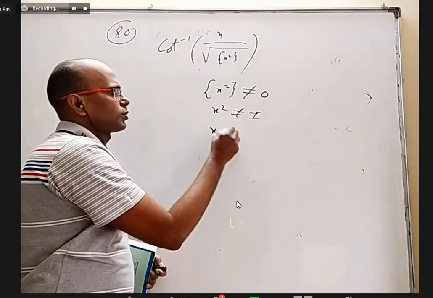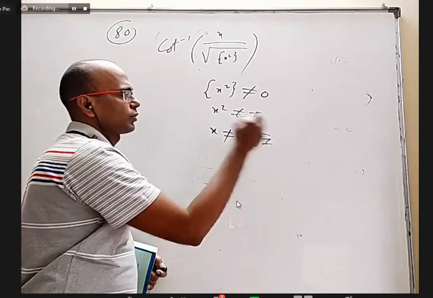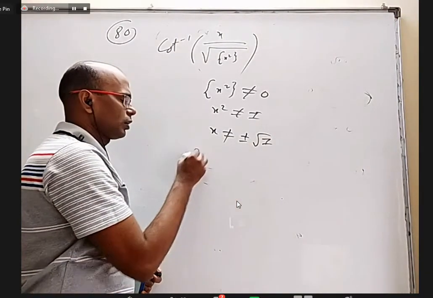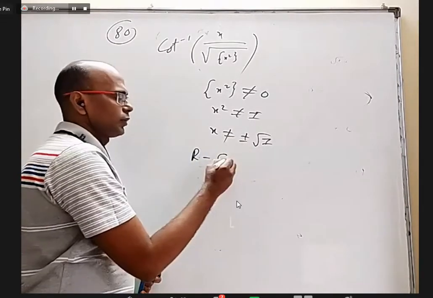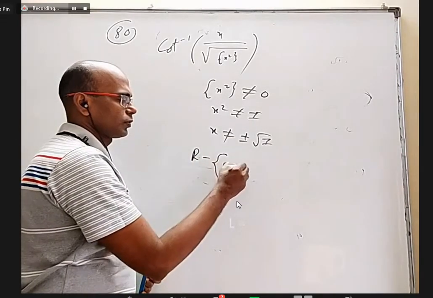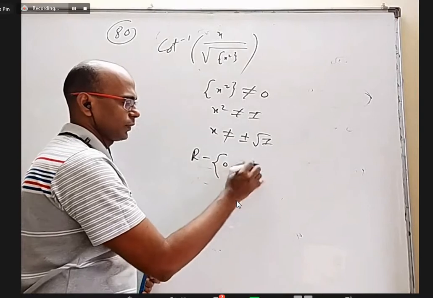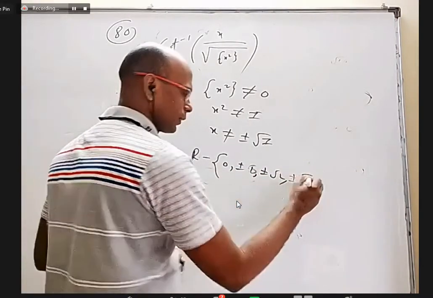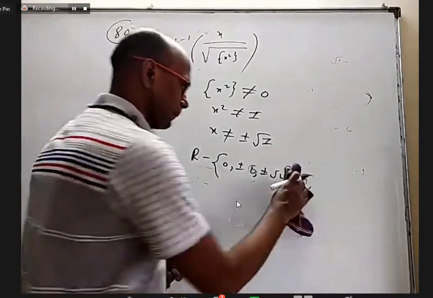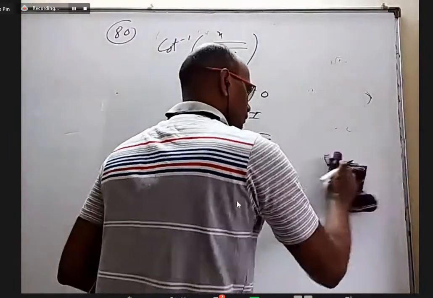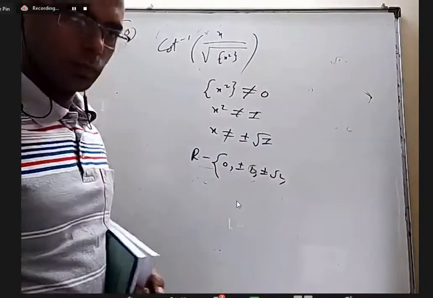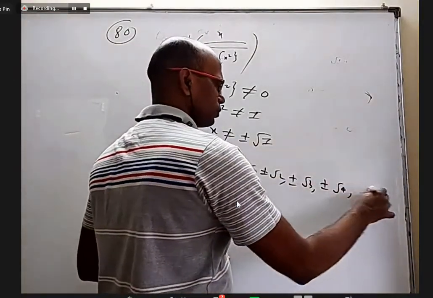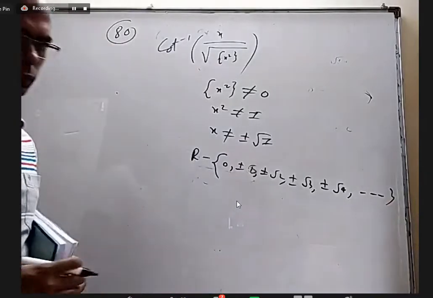Means x should not be plus or minus square root of an integer. That means basically all real numbers except we have to remove all these things. What is that? 0, plus or minus 1, plus or minus root 2, plus or minus root 3, plus or minus root 4, all that have to be removed.